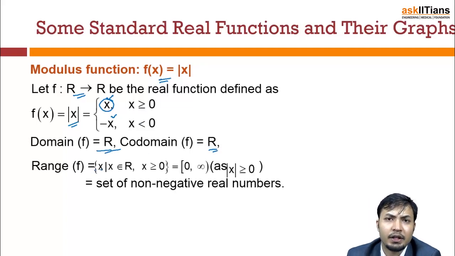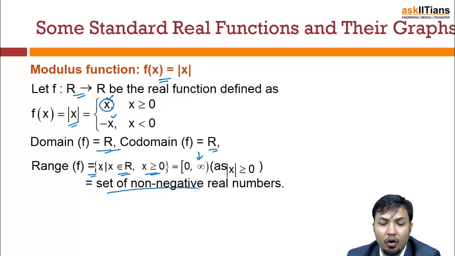The range, this will now be the interesting part. This is the first time you have a little complexity. You see in the range, it will be for an x where my x belongs in R. For all the x greater than or equal to 0, so it will be from 0 to infinity, as mod x is greater than or equal to 0. It will be the set of non-negative real numbers.